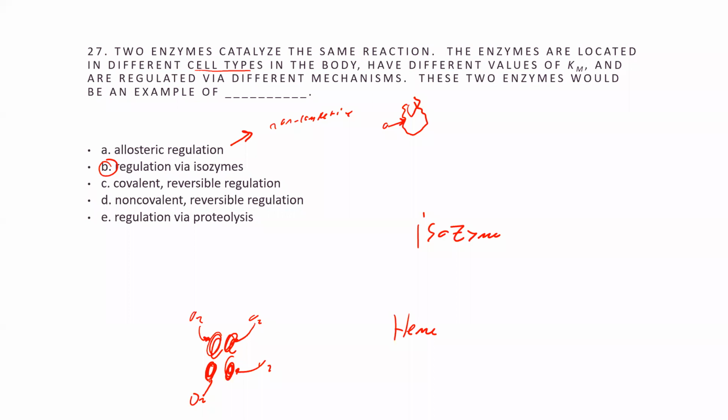Covalent reversible regulation. What would be an example of this one? Yeah, phosphorylation, right? So phosphorylation, adenylation, acetylation.